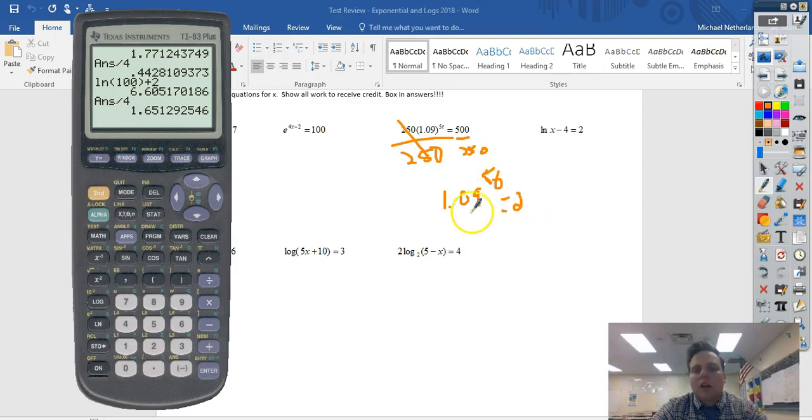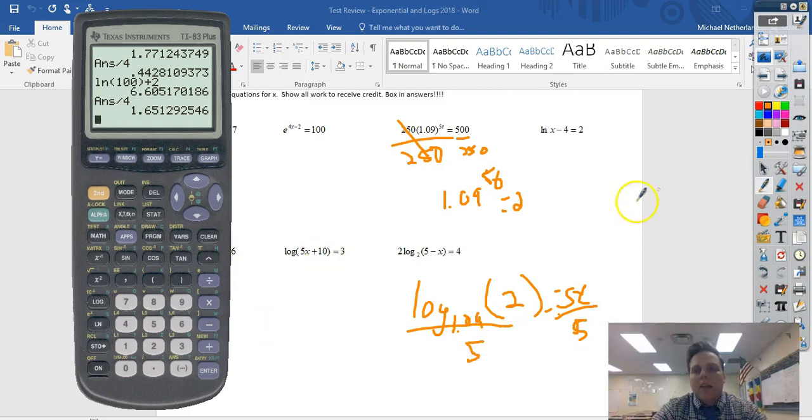I now have the base by itself, so I'm going to change to log base 1.09 of 2 is equal to 5t. Then, to finish solving for t, I need to divide both sides by 5.